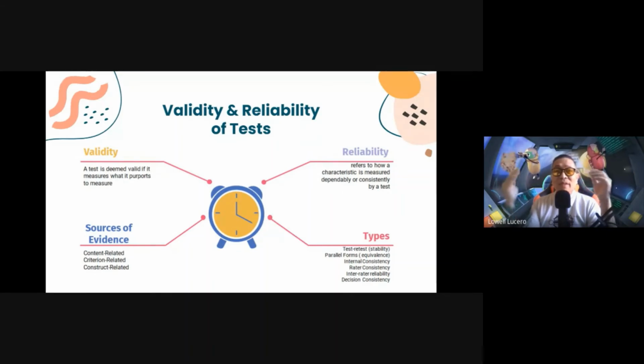So 400 times 2, that's around 800 test items that you need to prepare. The pool of items is very taxing. Unlike internal consistency, where you prepare only 100 items and give it to the same group of test takers. To get the reliability of the test, you just divide it into half. Easy. We also have rater consistency, inter-rater consistency, and decision consistency for the different types of reliability.